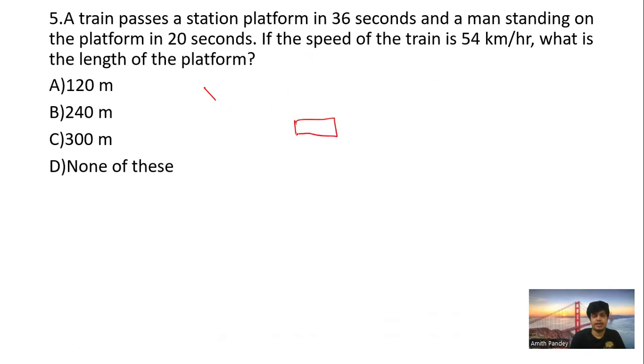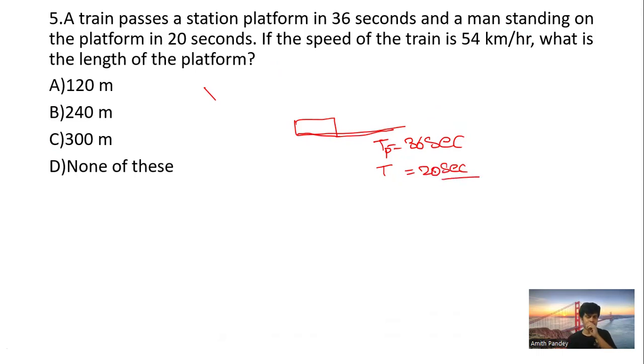Let's say this is the train, and this is a platform. So how much time is it taking? 36 seconds. This is in case of TP. And a man standing on the platform, TM, in how many seconds? 20 seconds.